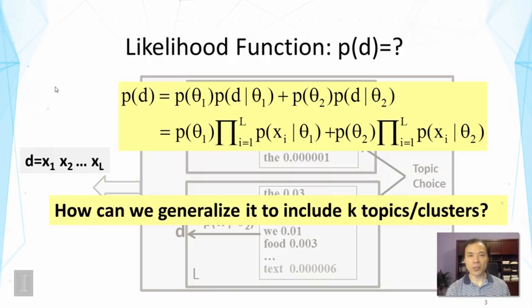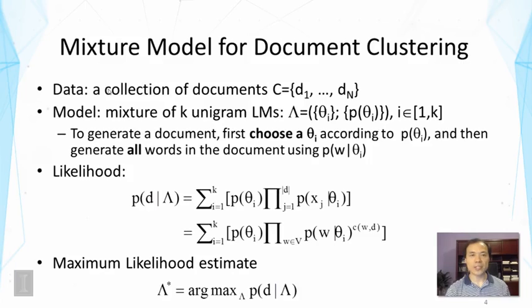If you look at the formula and think about how to generalize it, you will realize that all we need is to add more terms like what you have seen here. So you can just add more thetas, the probabilities of thetas, and the probabilities of generating D from those thetas. This is precisely what we are going to use, and this is the general representation of the mixture model for document clustering.